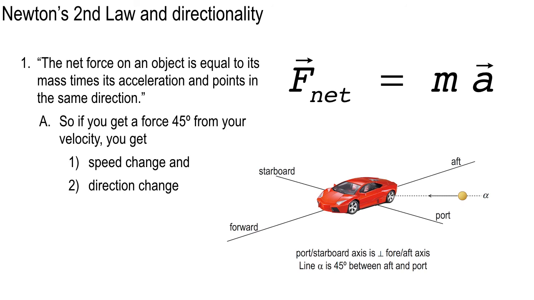So if you know the direction of delta V, that's automatically the direction of the acceleration, and that's automatically the direction of the net force. Now that's not the direction of all the forces, but the net force, yeah, that's the direction of it.